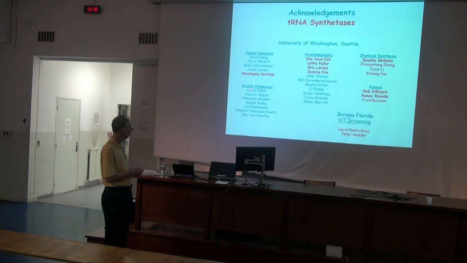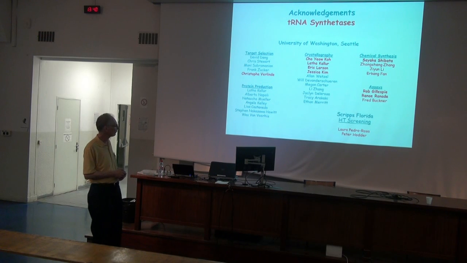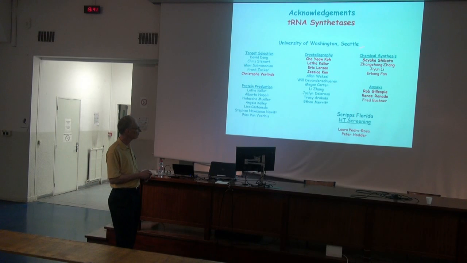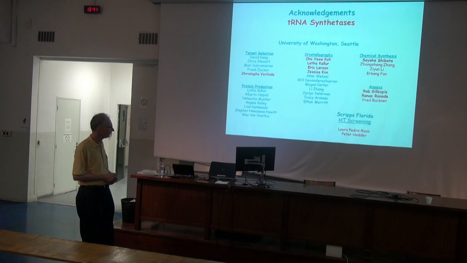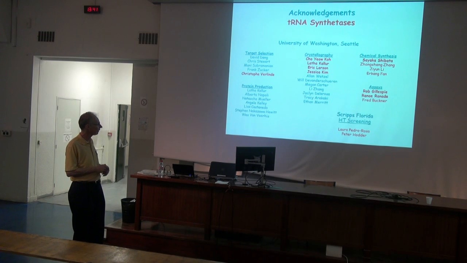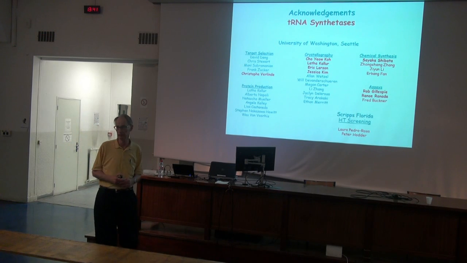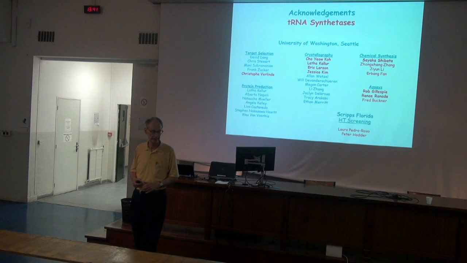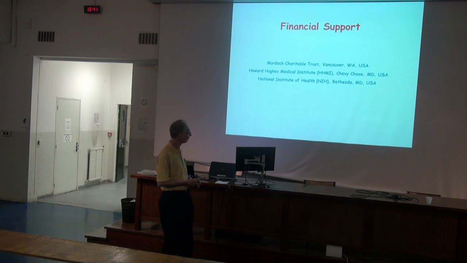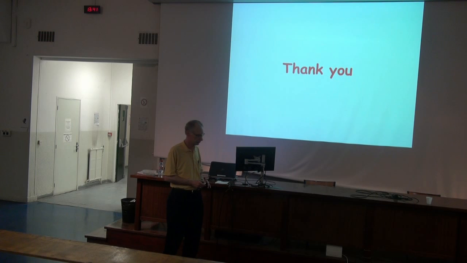Protein production by a whole group headed by Wes van Voorhis. Chemical synthesis, the group of Erkang Fan, the same group who also was critical in the toxin story. Assays, a fantastic group of Fred Buckner, Rob and Renee. Beautiful screening results in Florida. And here are the crystallographers, and I would really like to highlight Shoyo Ko, who did his marvelous work with soaking compounds in pre-grown crystals. And financial support from various sources, and I thank you for your attention.